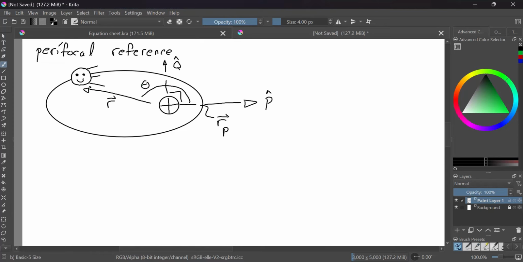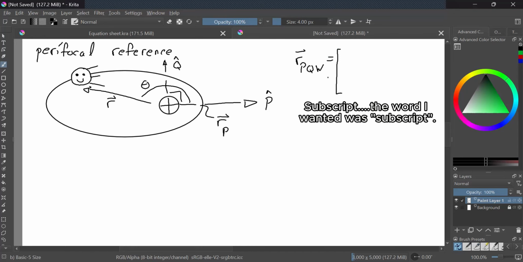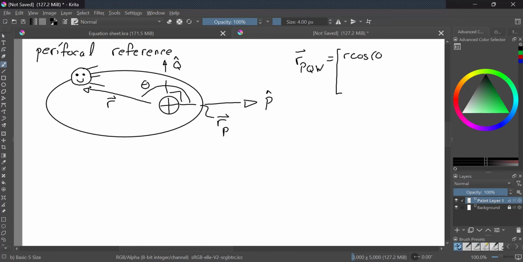That is going to look something like this. PQW. It's probably going to be the only time that I actually use that. That is going to be r times the cosine of theta, r times the sine of theta, and 0. So that's what it looks like in vector notation.